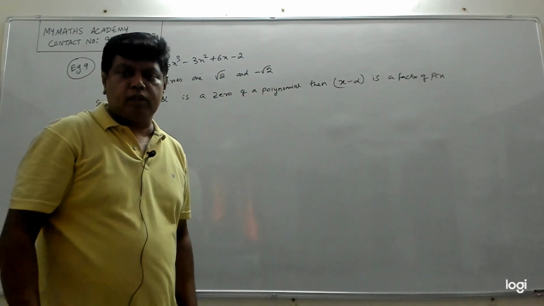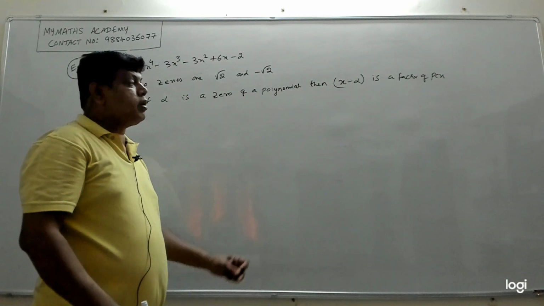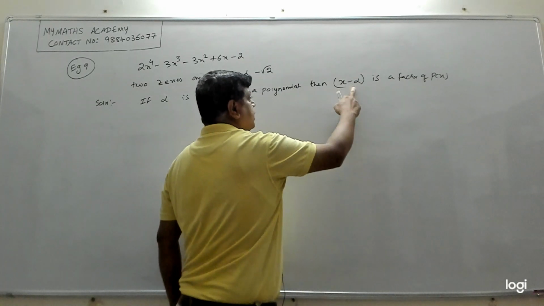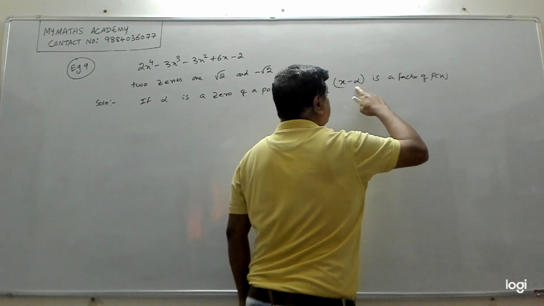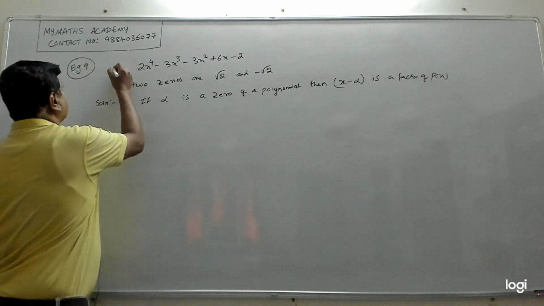Which means x minus alpha will divide the given polynomial, if I call this as p of x.